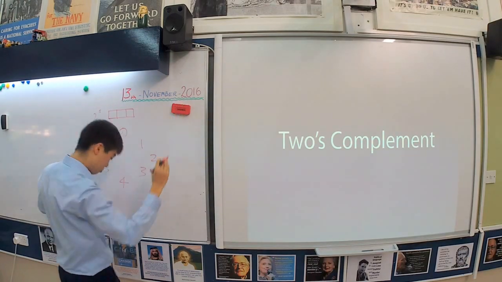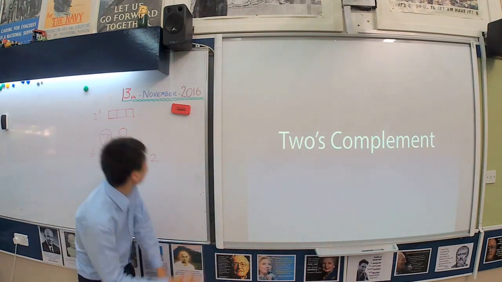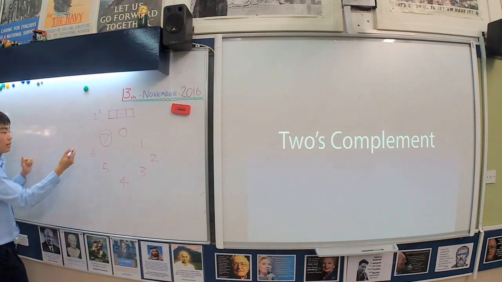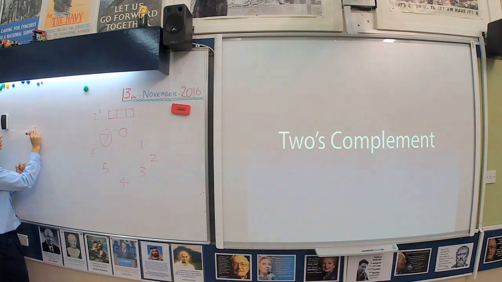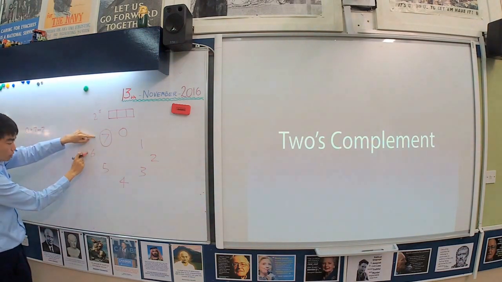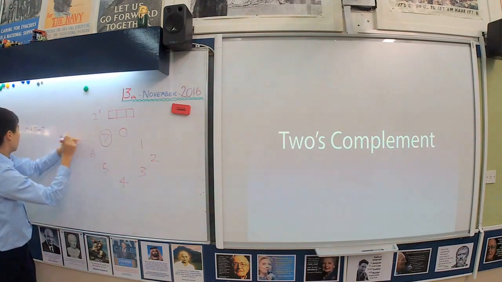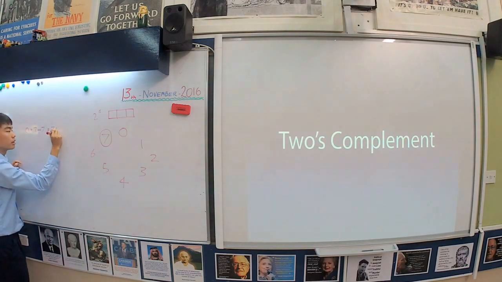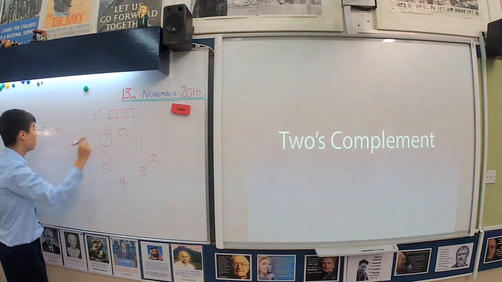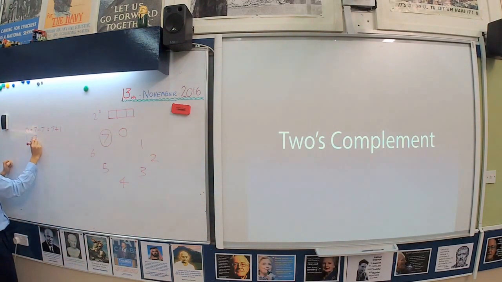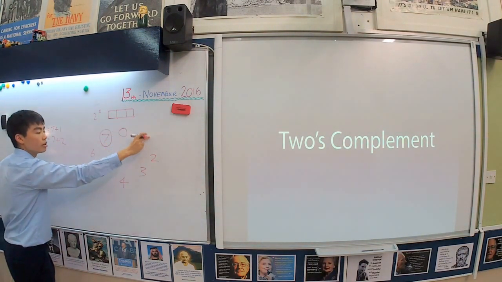If we have the number 7 and we want to do 7 minus 7, which we know should give us the answer 0, we can also get that same answer by doing 7 plus 1. And we can do this for other numbers. 1 equals 7 minus 6, which equals 7 plus 2.